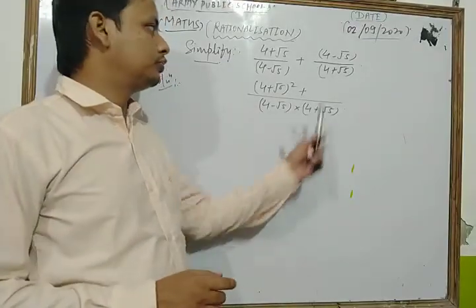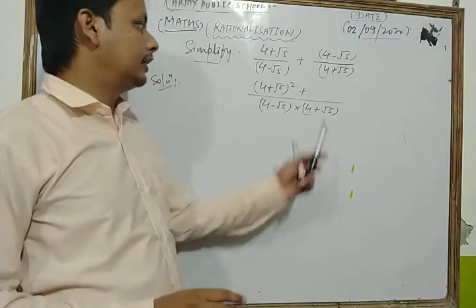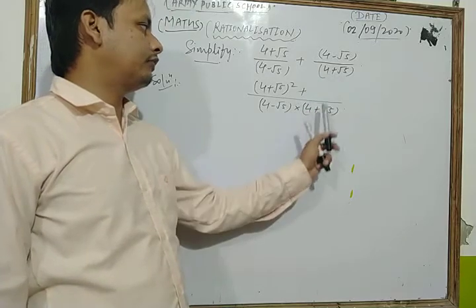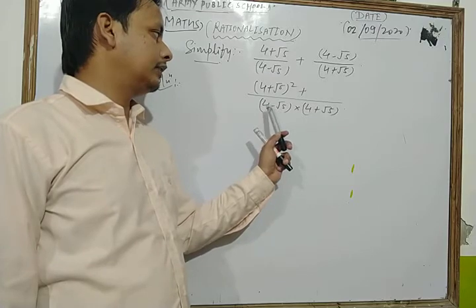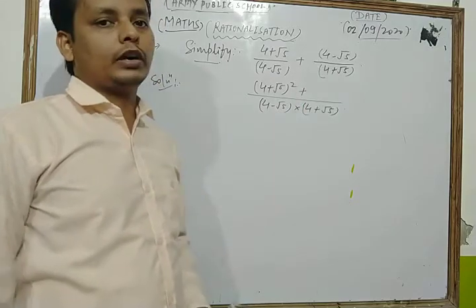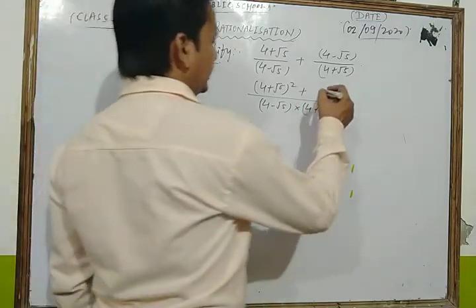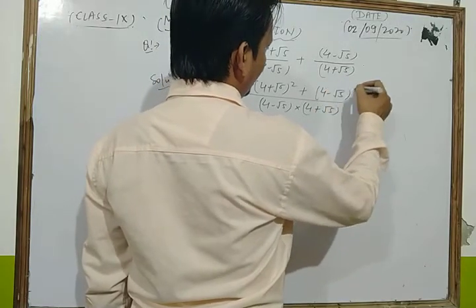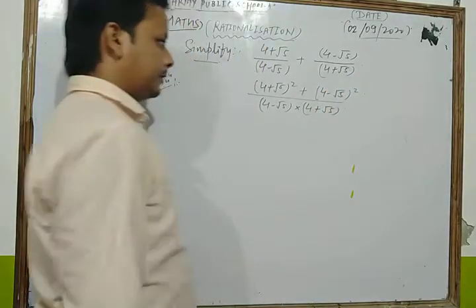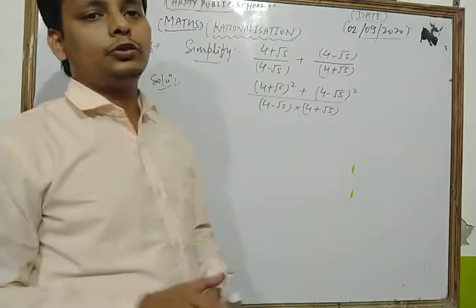Same process there: 4 plus root 5 cancels, we get 4 minus root 5 multiplied by 4 minus root 5, which is (4 minus root 5) whole square.